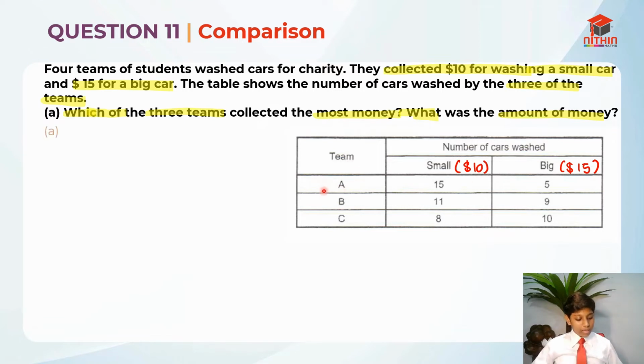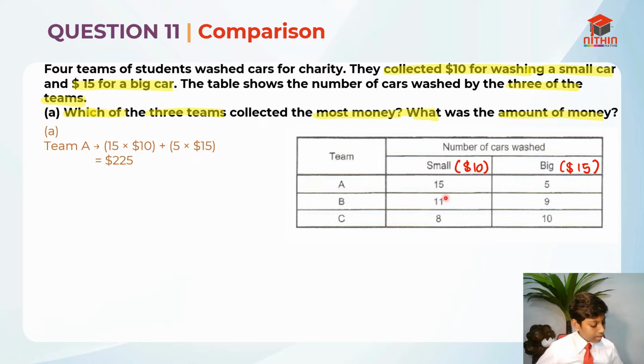Let's find for team A first. Team A is 15 small, so 15 times $10 plus 5 times $15 because there are 5 big. This is what we do to find the money collected for team A. So it is $225.